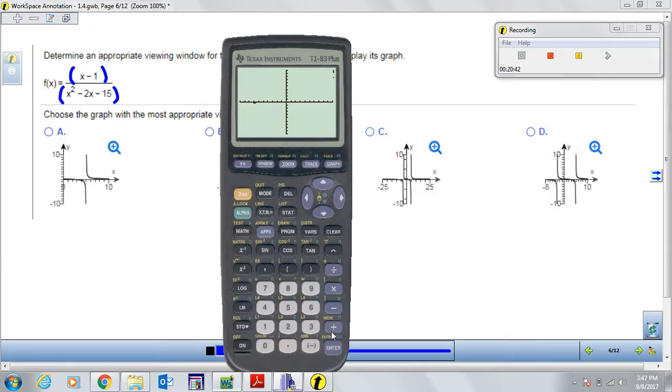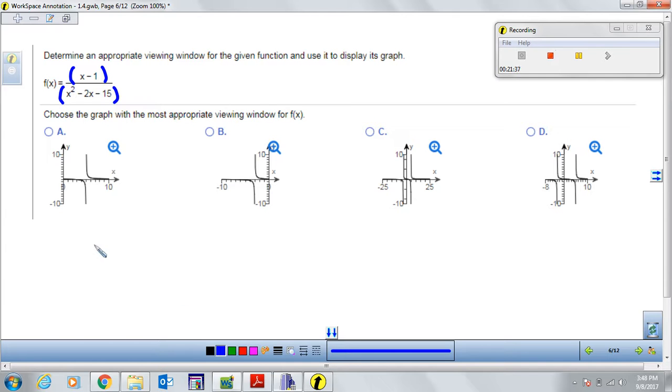These here are vertical asymptotes, right here. If you recall from college algebra, vertical asymptotes are found by setting equal to 0 the denominator of this rational function and solving for x, which means by factoring it out.